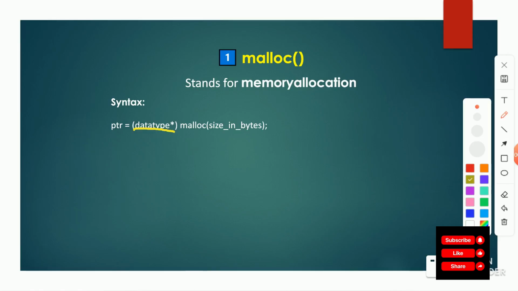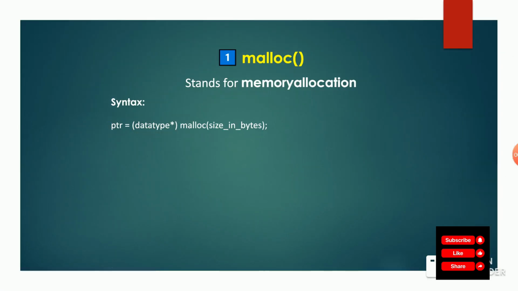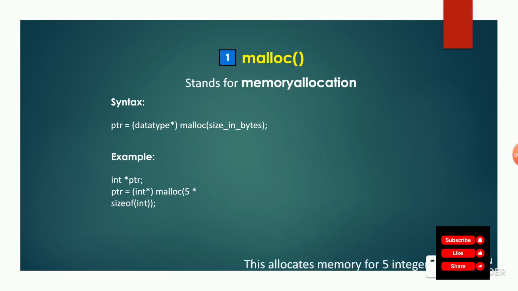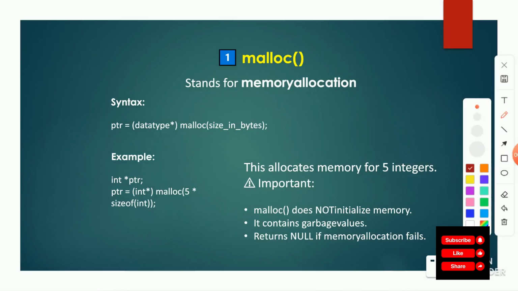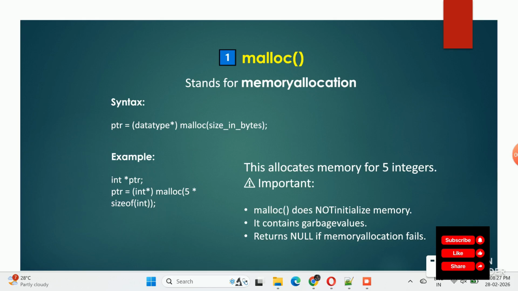For example, int *ptr = (int *) malloc(5 * sizeof(int)). Whatever the size of an integer, times 5, that should be the size in bytes. This allocates memory for 5 integers.